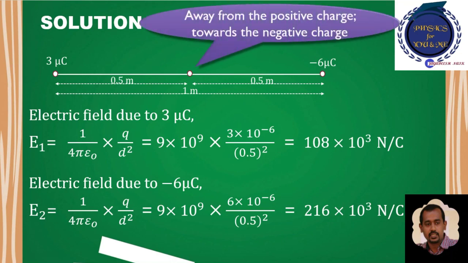So, this electric field due to positive charge at the center will always be away from the positive charge and it will be towards the negative charge. Therefore, E1 is away from the 3 microcoulomb charge, whereas E2 is towards the minus 6 microcoulomb charge. So, the yellow line represents the E1, whereas E2 is represented by a red arrow.